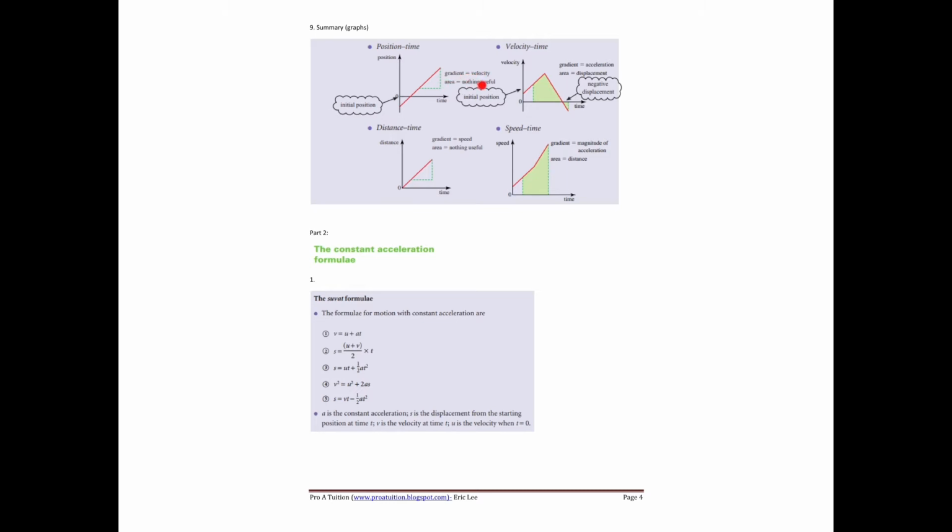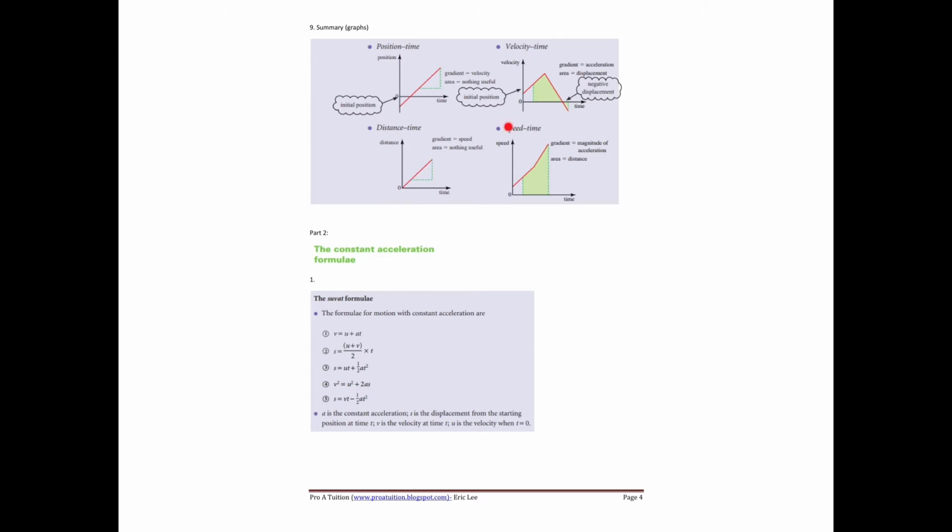The area, nothing useful. But you see distance time graph, the gradient is the speed. The area is nothing useful. Okay, so you see velocity time graph, the gradient represents acceleration. The area represents displacement. You will have a negative area sometimes.